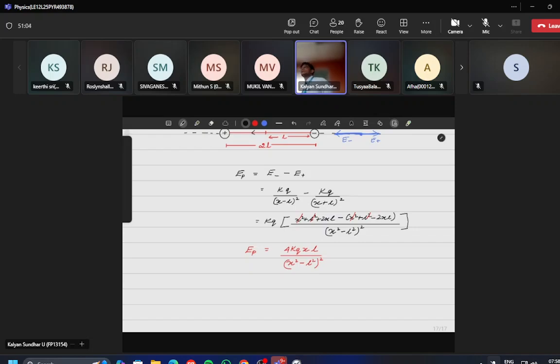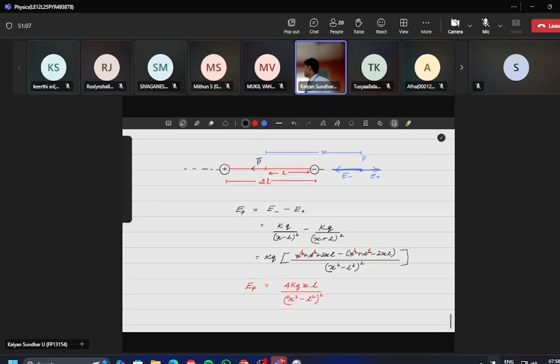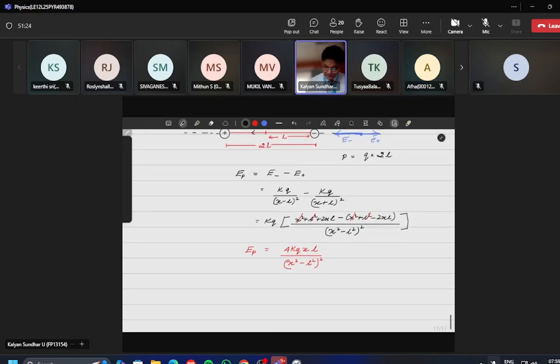Now you have to write it in terms of the dipole moment. What is the dipole moment? The value is 2L into Q. So the dipole moment P vector has the value P equal to the charge value Q into the distance between them, 2L. So I'm writing 4 as 2 into 2, so 2QL becomes P. What remains is 2 times KPx divided by x square minus L square the whole square.